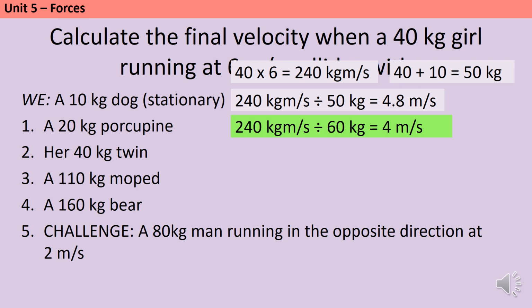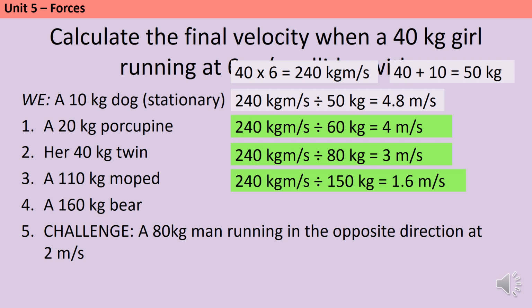If she collides with her twin, who is also exactly 40 kilograms, then they will have a velocity of 3 meters a second. A 110 kilogram moped will have a total mass of 150, so that gives us a velocity of 1.6, and the 160 kilogram bear will have a velocity of 1.2 meters per second.